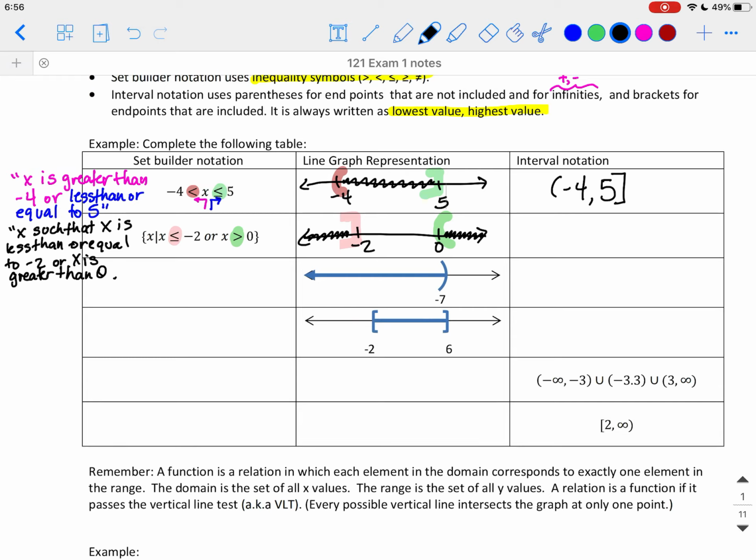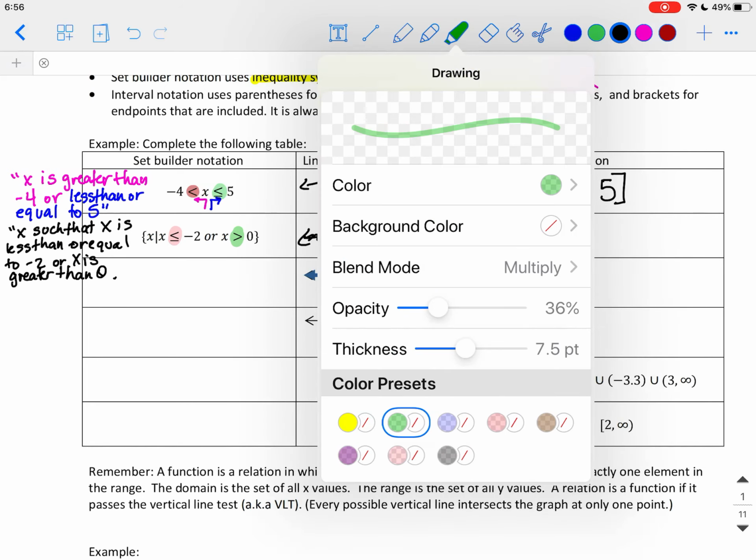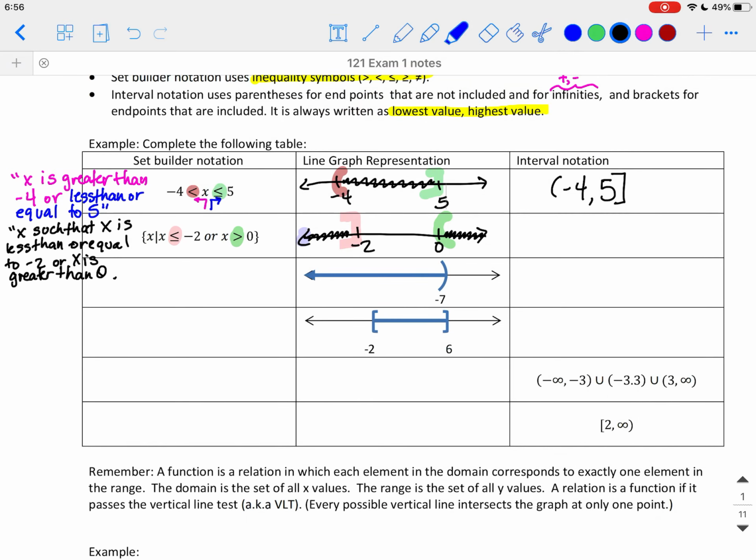And so our answer in interval notation. I'm going to highlight here in another color, because of this arrow, this is going to be from negative infinity, because that arrow that's in purple goes forever to the left. So it's going to go from negative infinity, and infinities always have parentheses, comma, all the way up to negative 2.